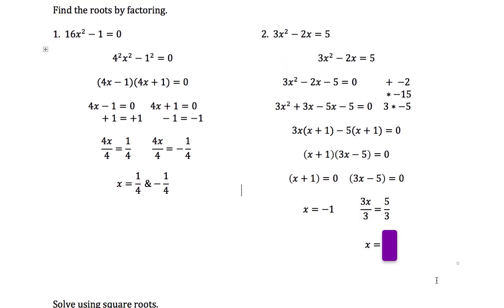And when we do that, we get x is equal to 5 over 3. So just like problem number 1, where we had 2 solutions, one was positive 1/4 and negative 1/4. Over here, we are also going to have 2 solutions, but this time one solution is negative 1. The other solution is 5 over 3.